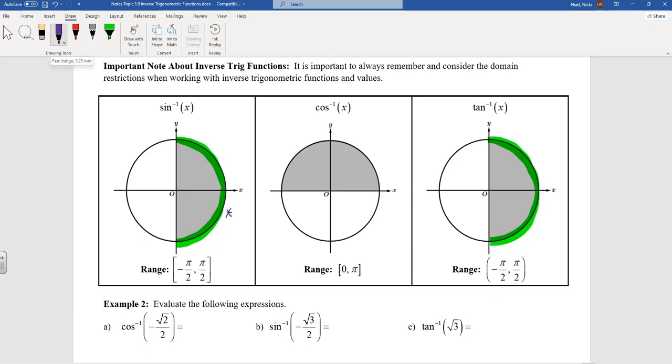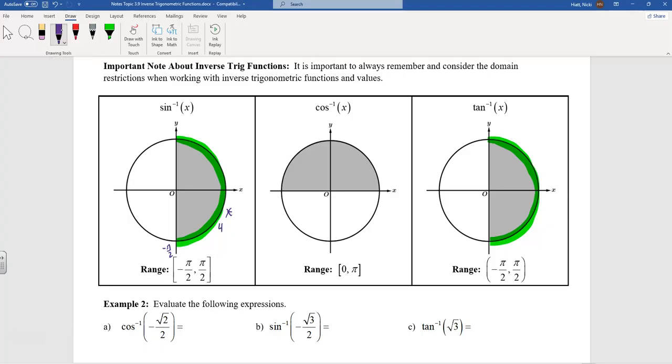In the fourth quadrant on your actual unit circle, you have values like 3 pi over 2 to 2 pi, right? So like 11 pi over 6 is in there, 5 pi over 3 is in there, 7 pi over 4 is there. But we're thinking of negative pi over 2 up to pi over 2.